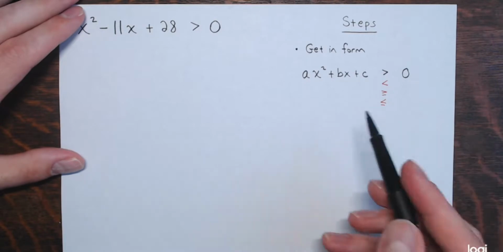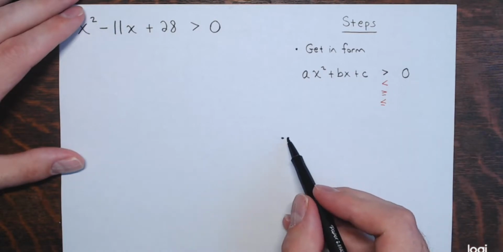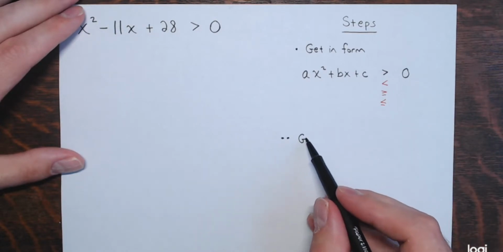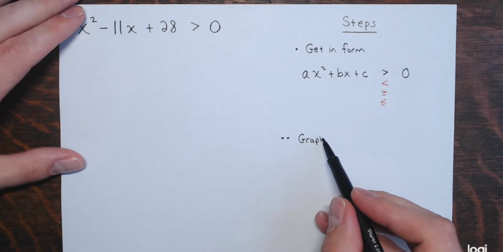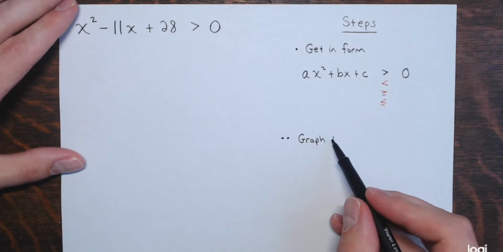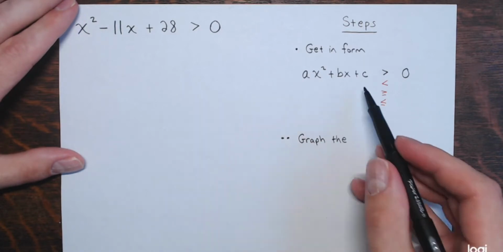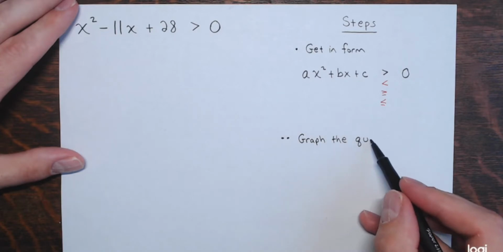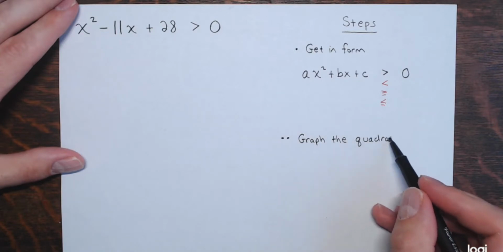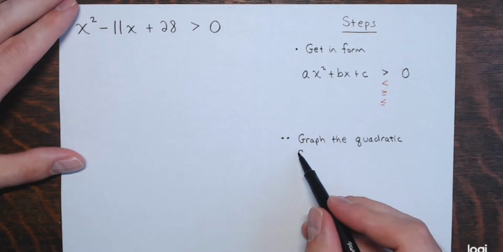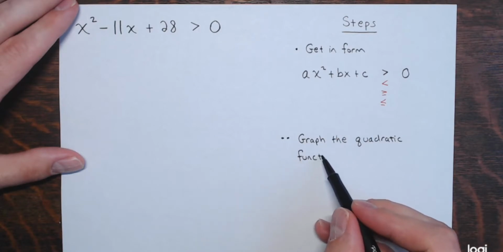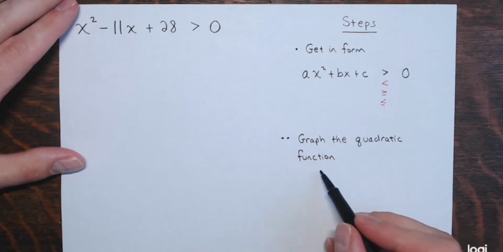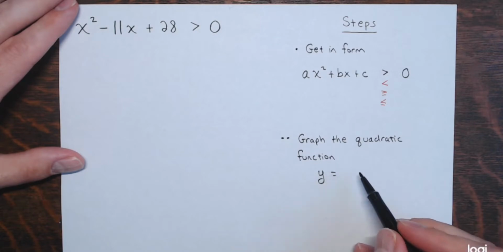Alright, then we're going to graph. Again, this is graphing. We're going to graph the quadratic function y equals ax squared plus bx plus c.